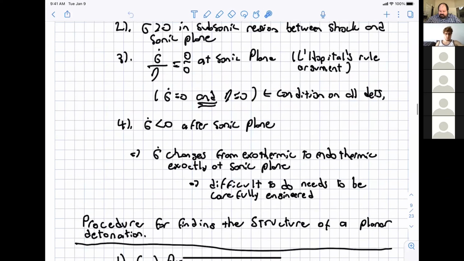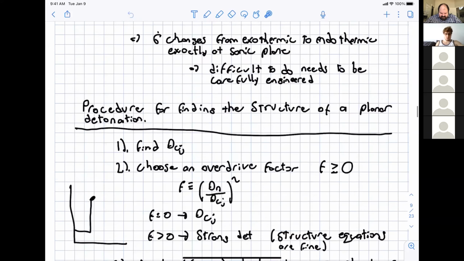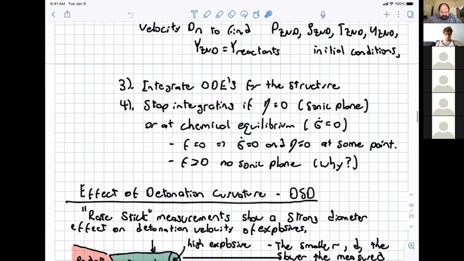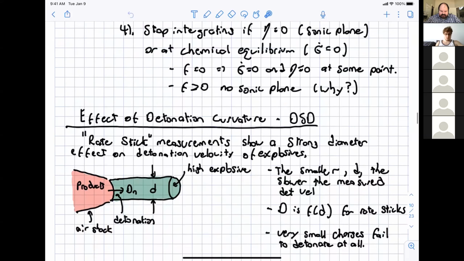And so it's really hard to do. There have been debates as to whether it's been set up experimentally or not. Okay, but then basically, we went through how to find the structure of a detonation by integrating the structure ODEs.